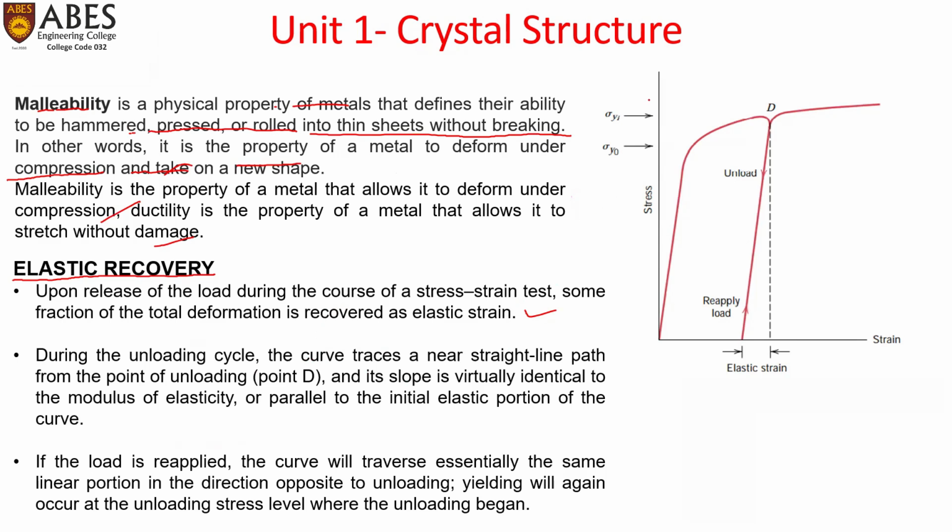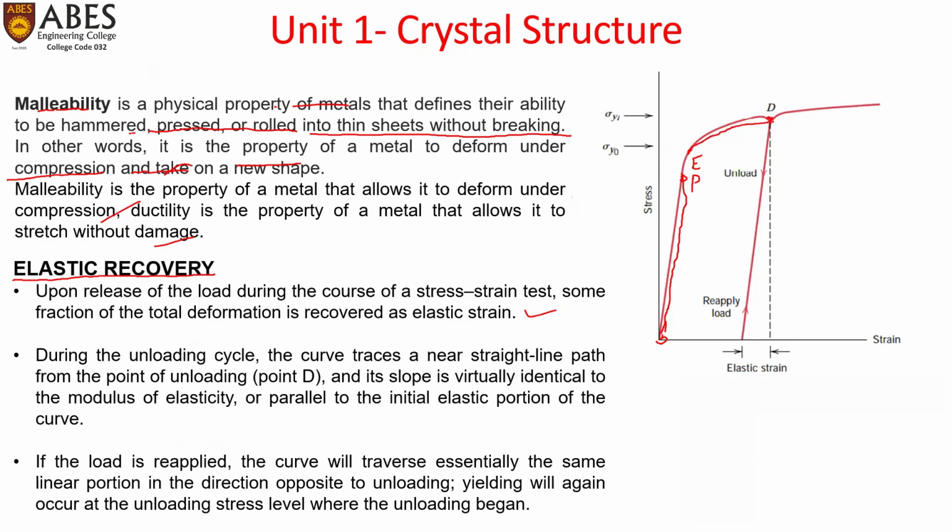Suppose a stress strain curve is obtained like this, and we go from 0 and keep loading the material in tension. It will be a straight line till point P, the limit of proportionality, then point E, the elastic limit, and beyond that is the plastic region, meaning there would be plastic deformation.